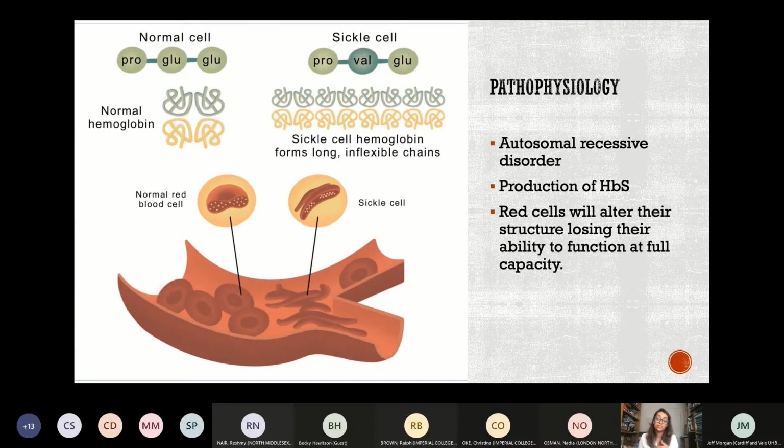When your body is under stress, such as infection or trauma, the red cells will alter their structure and lose their ability to function at full capacity. The red cells will stick to each other, cause microvascular occlusion, and lead to the complications associated with sickle cell that we're going to go through today. If you're interested in the pathophysiology to a further extent, there's a video on YouTube that the network has put on from a previous meeting, which you can have a look at.